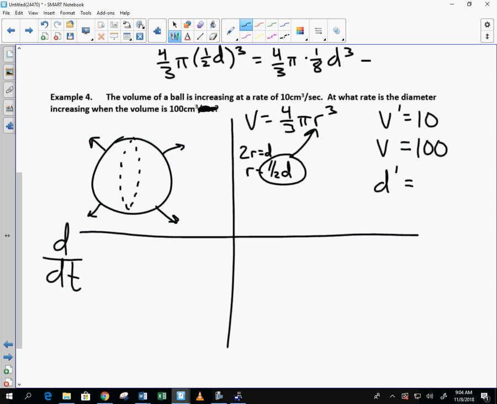So this becomes 4 pi over 24 D cubed. 4 over 24 is... So my final answer for the volume formula is volume is pi over 6 D cubed.